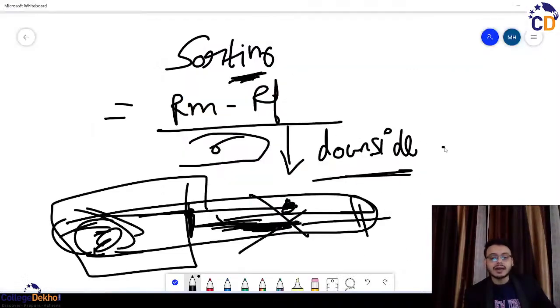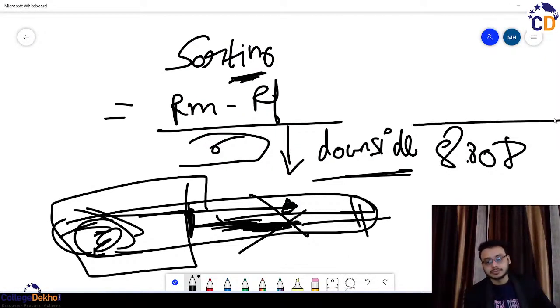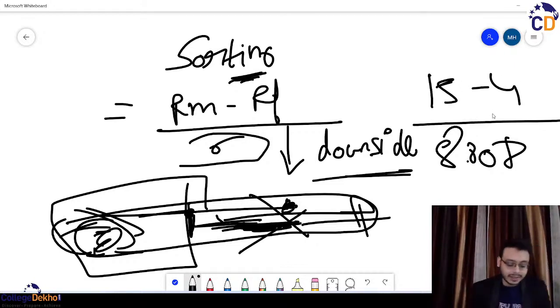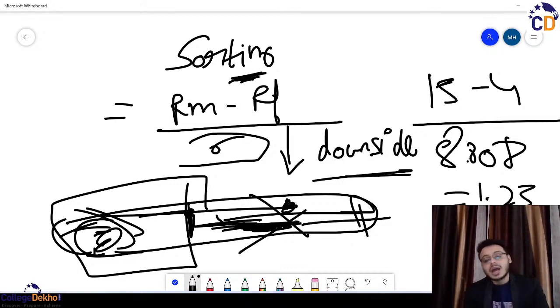So whatever answer comes, for example 8.808, would be in your denominator, right? Just imagine the RP is 15, RF is 4. So that would be nothing but 11 divided by 8.8. So you will get the answer as 1.25. Again, this ratio should be as high as possible.